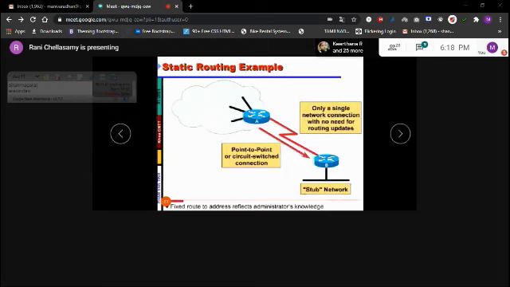This spreading causes a number of duplicate packets to the neighbor nodes. The dynamic routing table is updated periodically by using one of the dynamic routing protocols. So what are the available dynamic routing protocols? RIP, that is Routing Information Protocol, OSPF, that is Open Shortest Path First protocol, or BGP, that is Border Gateway Protocol.